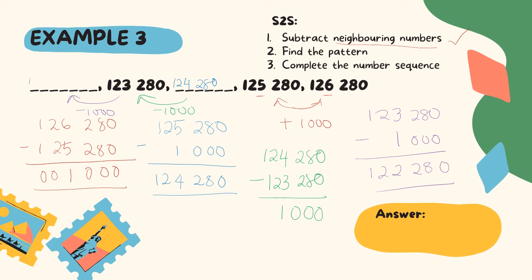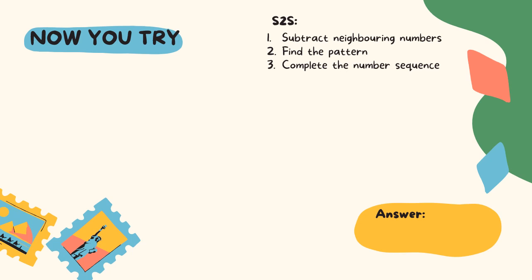So that's our first number, 122,280, and the number sequence is complete. So for the answer, we have 122,280 and 124,280.